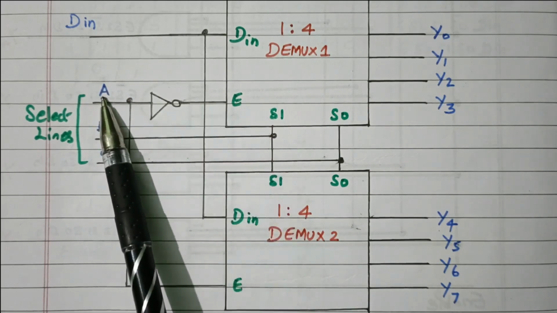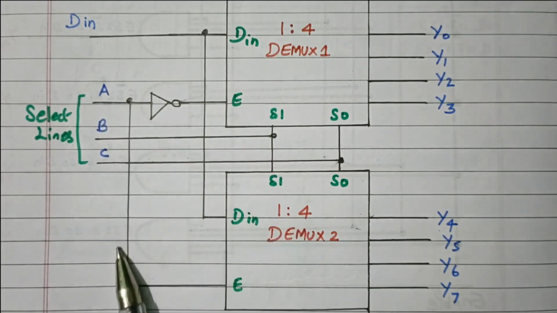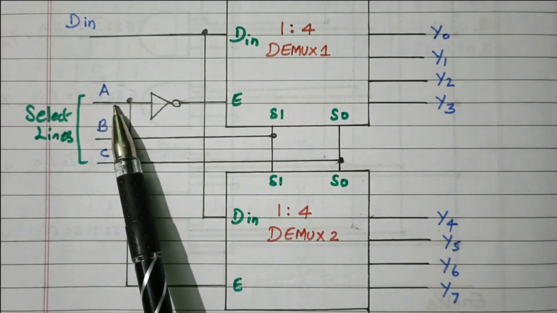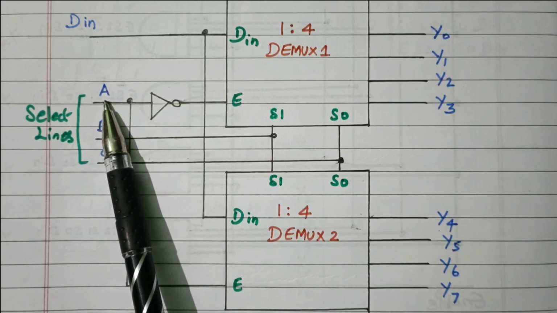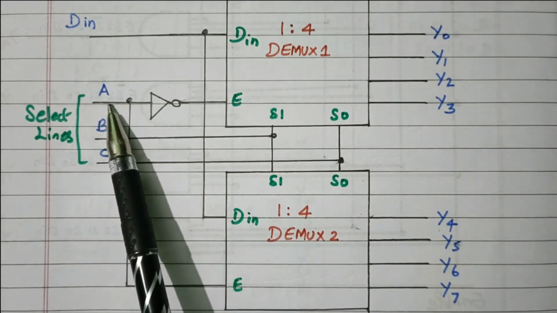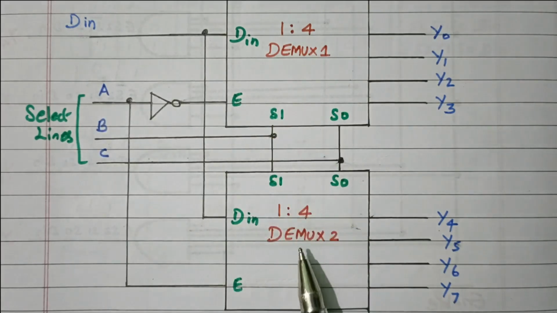A equal to 1 means here 0, so dmux1 will be disabled. A is applied directly to the second demux, so if A equal to 1, dmux2 will be enabled, right? So the signal A is used for enabling either demux 1 or 2.